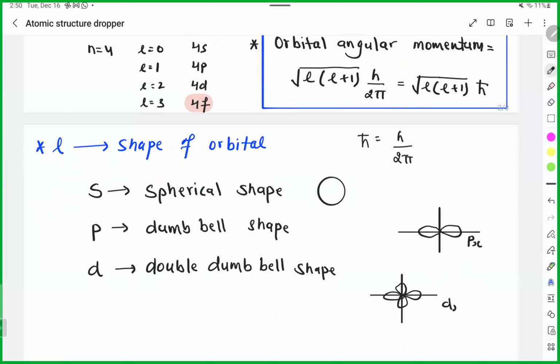Like this is dxy, if this is the x-axis, this is the y-axis. Crystal field theory explains the same thing, correct? And if you have an F subshell, then there will be a complex shape. Friends, any doubt? No. So these are the four shapes available: S, P, D, and F.